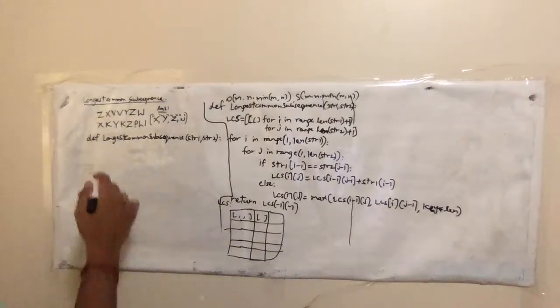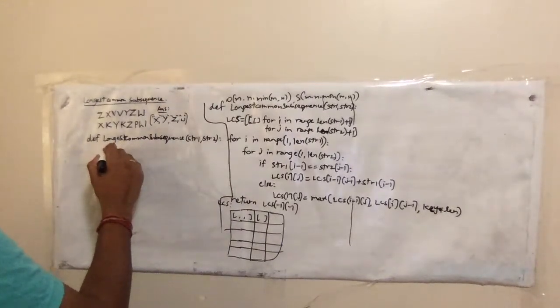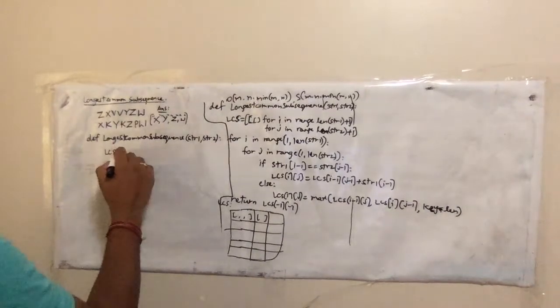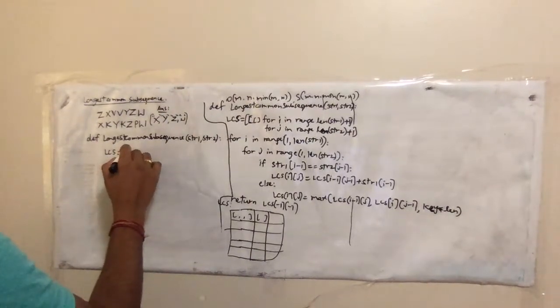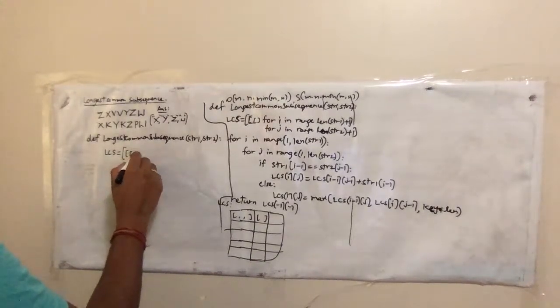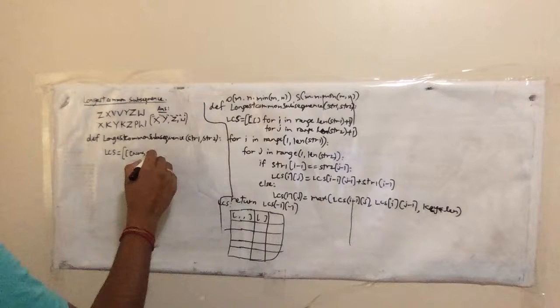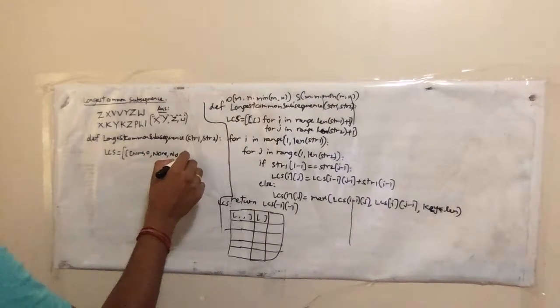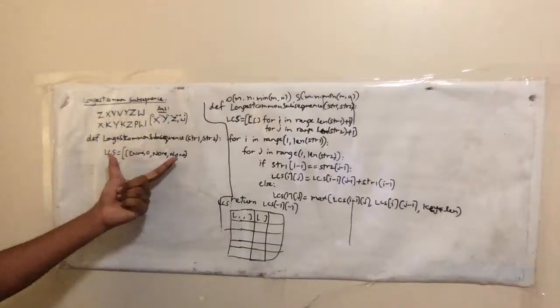Okay, now the LCS I will instantiate differently. Like I will take None, 0, None, comma 0. So what is this?